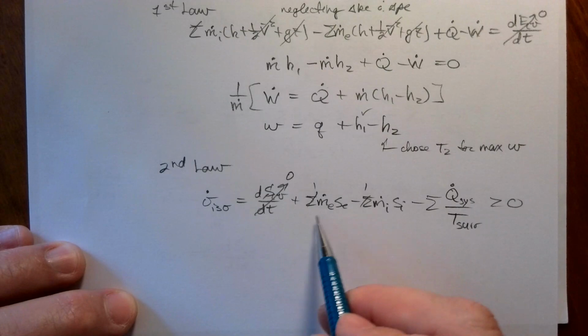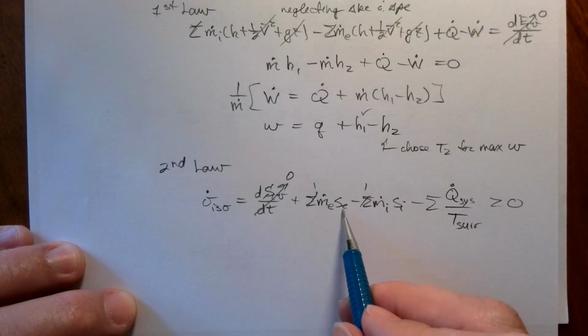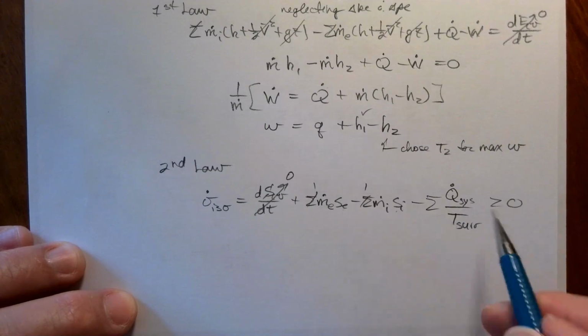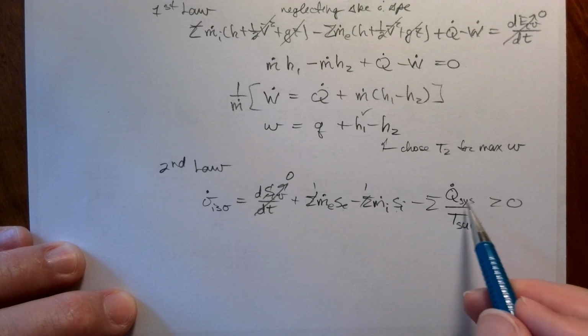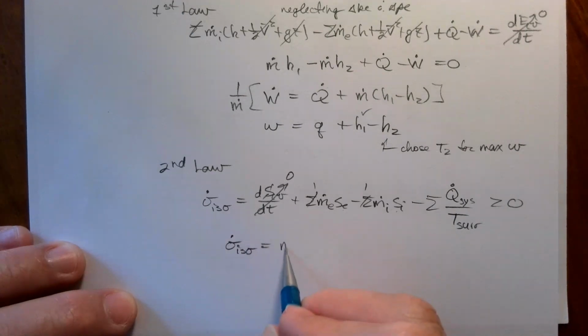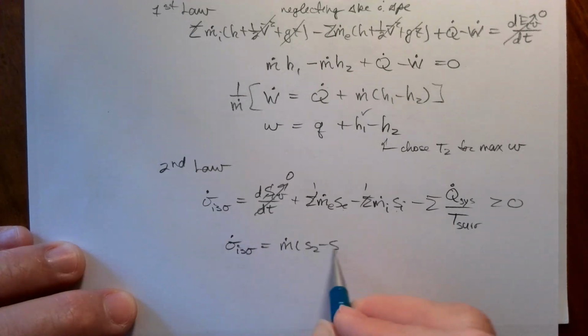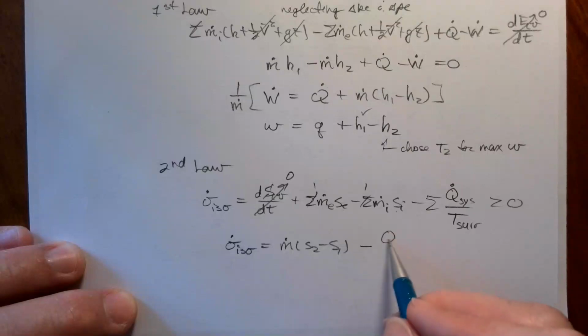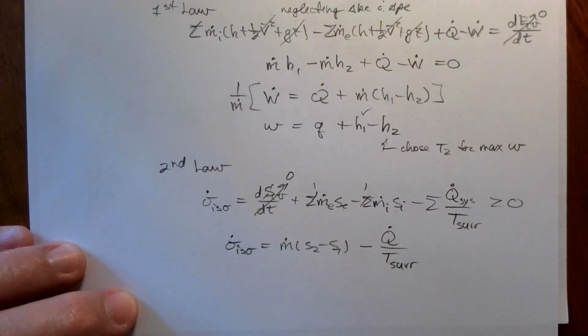So there'll just be an m dot that factors out of that. The exit is 2, the inlet is 1, and there's only one heat transfer. So we'll end up with sigma dot isolated is equal to m dot times S2 minus S1, minus Q dot divided by T surrounding for this problem.